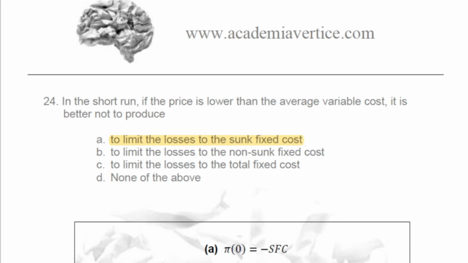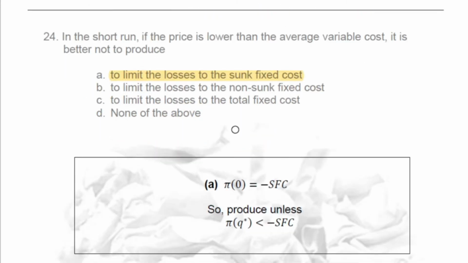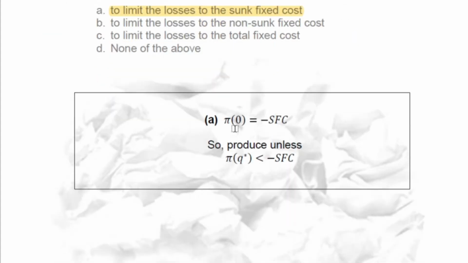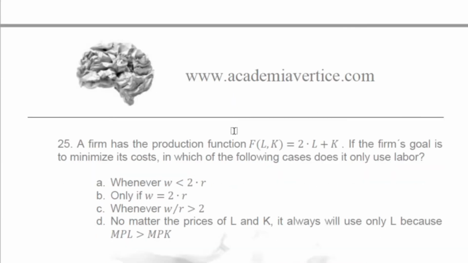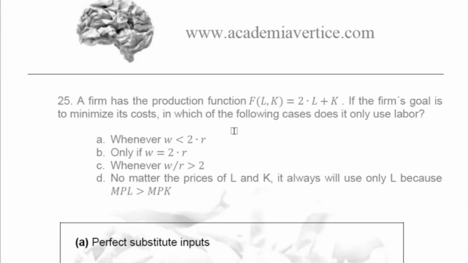Okay, well, now question number 25. A firm has the production function, this one, 2L plus K, so L and K are perfect substitutes. If the firm's goal is to minimize its costs, in which of the following cases does it only use labor?